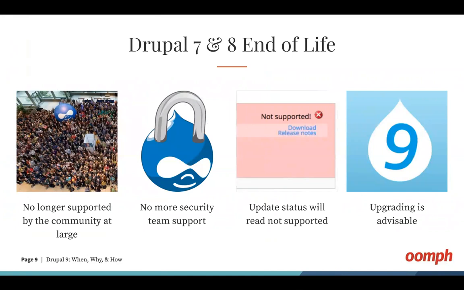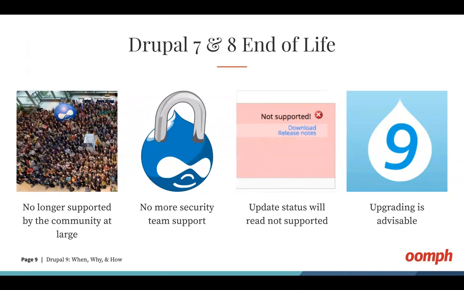Biggest one, you're no longer going to be supported by the Drupal community at large. The community will no longer be focusing on Drupal 7 and Drupal 8. They won't be creating new modules for Drupal 7 or Drupal 8. They won't be fixing bugs for 7 or 8, updating documentation, all the things that are supported by the community in Drupal.